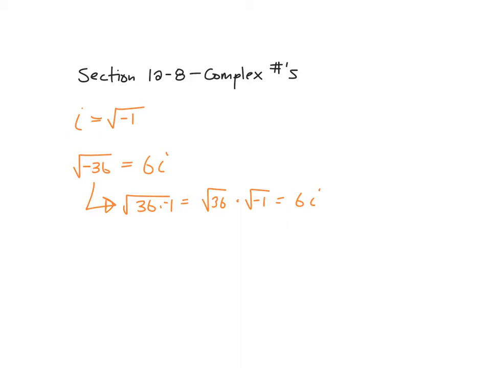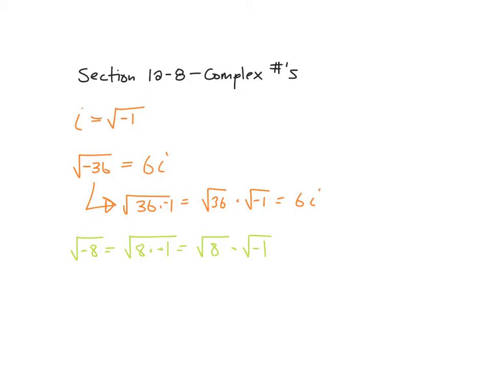We can also use this when it's not a perfect square that we are simplifying. Say I have the square root of -8. Again, that's the square root of 8 times -1, which is the same thing as the square root of 8 times the square root of -1.